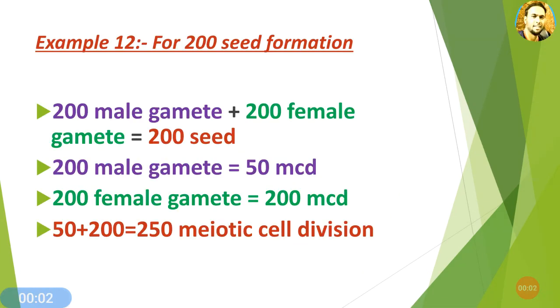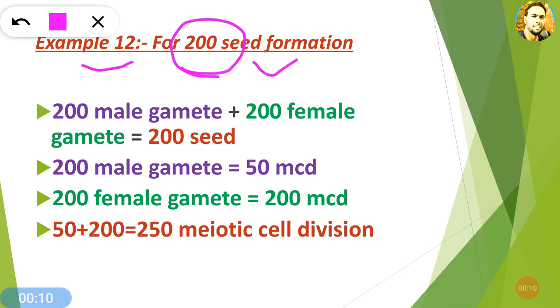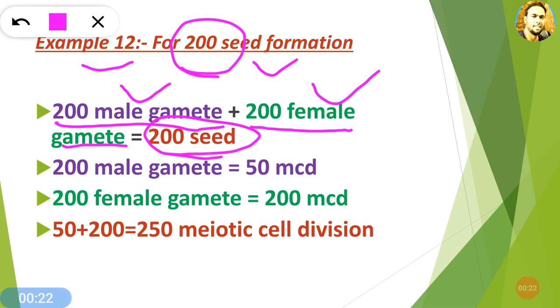Let's move on to the next example, number 12. In this example, we'll see how 200 seeds are produced by the plants. For 200 seeds, 200 male gametes are required, as well as 200 female gametes. So when these 200 male gametes fuse with the 200 female gametes, it will produce 200 seeds.